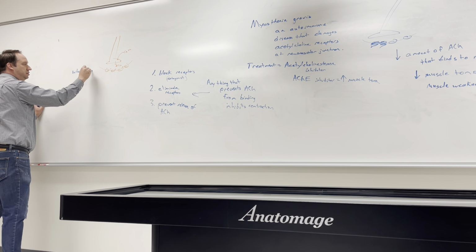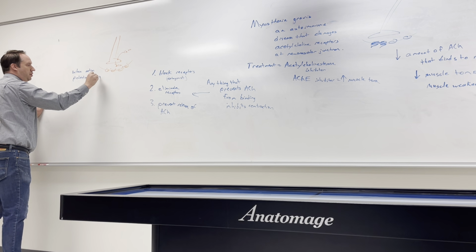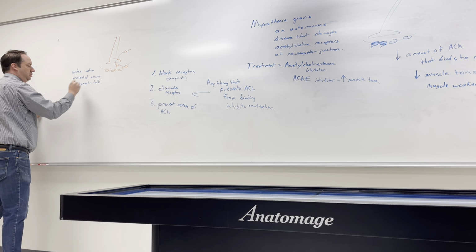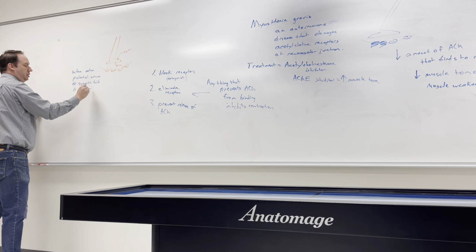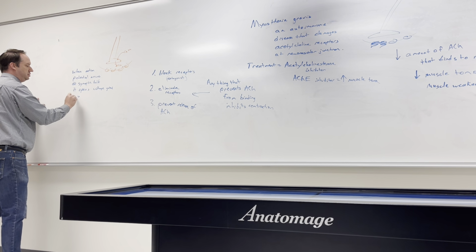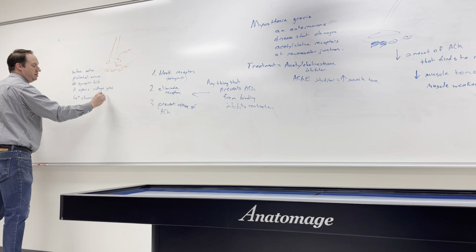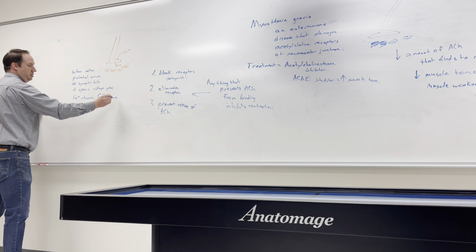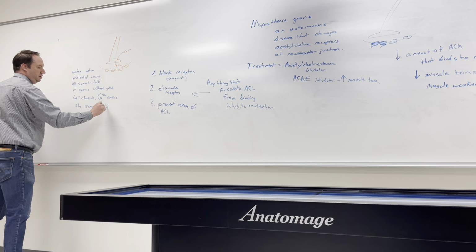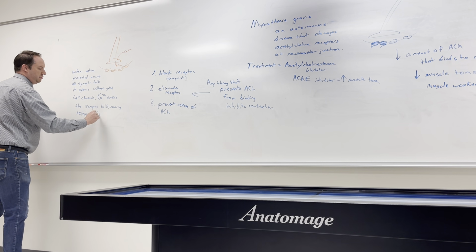When the action potential arrives at the synaptic bulb, it opens voltage-gated calcium channels. Calcium enters the synaptic bulb, causing the release of acetylcholine.